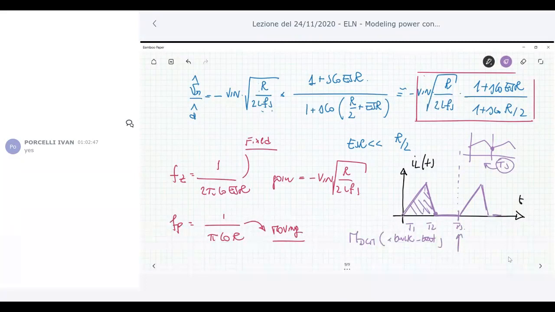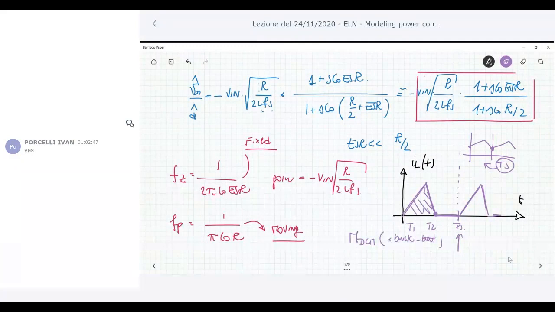This consideration, that is totally qualitative and not so detailed, brings to the fact that there is the pole due to the inductance, okay? But the pole due to this inductance is so fast that it comes out for frequency higher than 1/2 f switch.